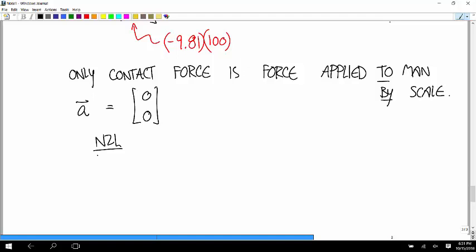The sum of the force vectors is 0, negative 981. The force vector applied by the scale, we don't know what that is, so I'm just going to call that F scale, broken up into an x component and a y component. We have to calculate both of those.